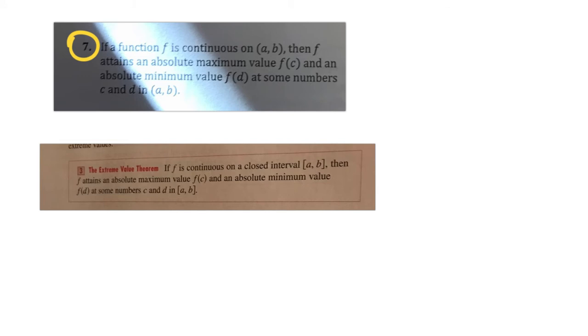The fact that this is an open interval means it's not a guarantee that there's an absolute maximum or minimum value. An example might be a line that's between -3 and 3 or something.